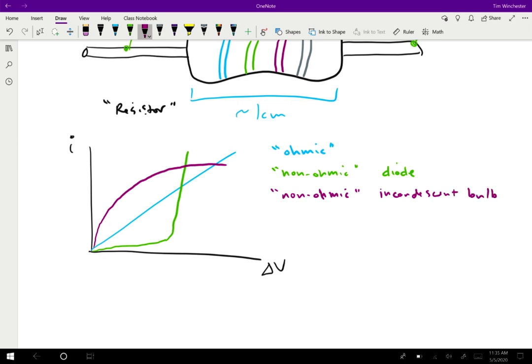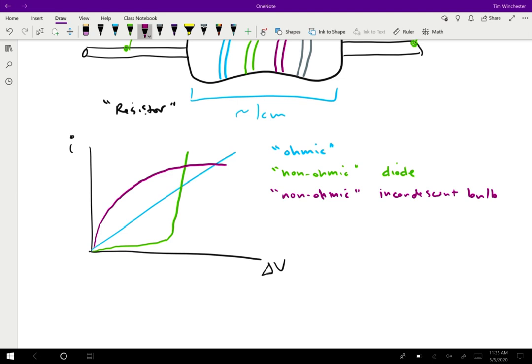And the physics behind this are, as the bulb heats up, its resistivity will change dramatically. So especially as it starts to glow, its material properties have become totally different than what they were when it was at room temperature. So for small potential differences, you can get a fairly big increase in current, but as you turn it up hotter and hotter, it's going to have different behaviors.